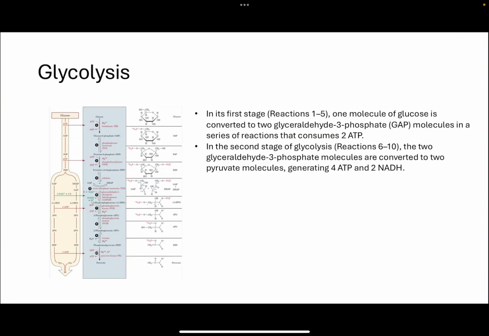In the energy payoff phase, we generate 2 NADH and 4 ATP, which results in a net gain of 2 ATP. So basically, the process of glycolysis produces a net gain of 2 ATP.